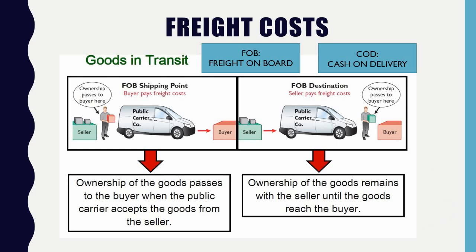When we talk about shipping point, in this case also known as shipping origination, right now the asset is at the seller's store. So when we purchase it, we are responsible to pay for the shipping from the seller's store all the way to the midpoint.